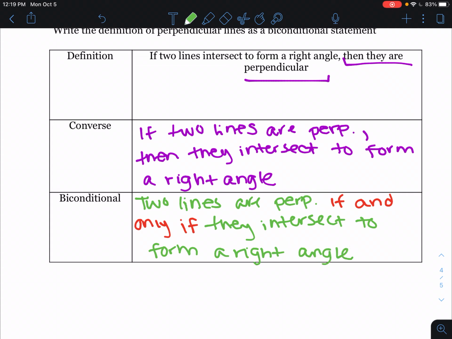So whenever you see an if and only if, that means that you can write it both ways. It's a definition. You could write it as a regular definition, an if-then. You could write it as its converse, flipping the hypothesis and the conclusion. You can also write it as a biconditional statement. Two lines are perpendicular if and only if they intersect to form a right angle. It also works as two lines intersect to form a right angle if and only if they're perpendicular. That's why definitions are so special. They're really special statements.